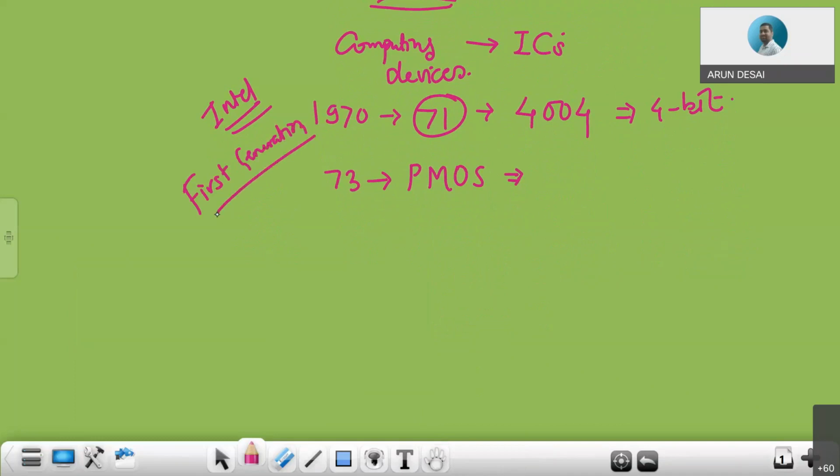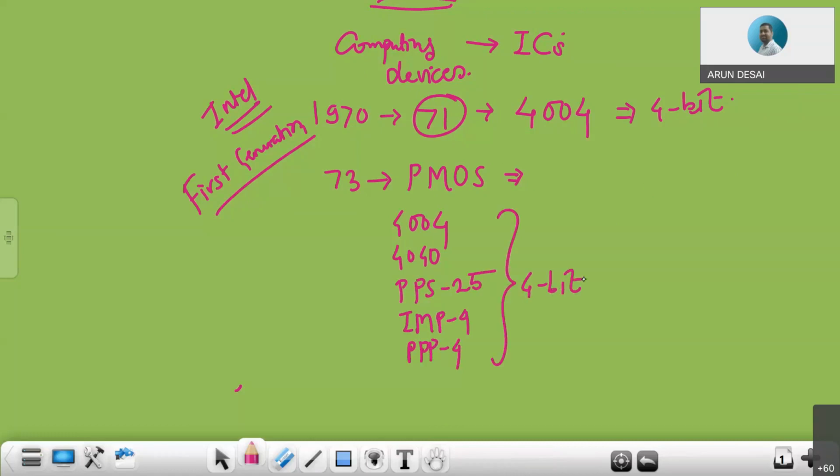So in first generation, we have 4004, then Intel 4040, then Fairchild PPS 25, National IMP 4, then Rockwell PPS 4. All are 4-bit processors at that time in first generation.